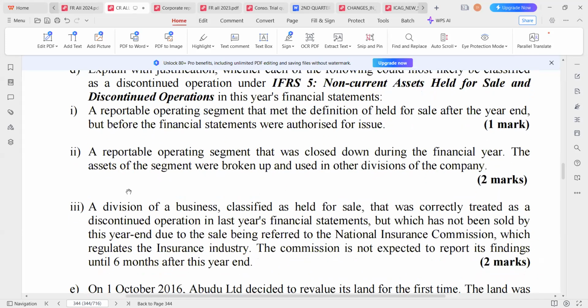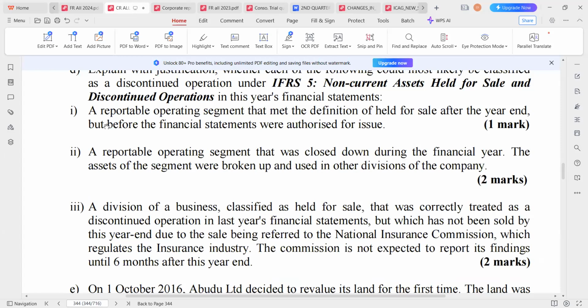Now let's go to number 2. A reportable operating segment that was closed down during the financial year. The assets of the segment were broken up and used in another division of the company. Can they classify this as a discontinued operation?